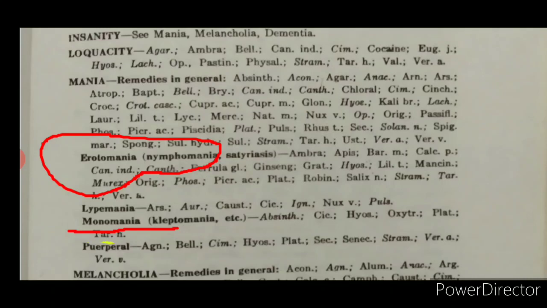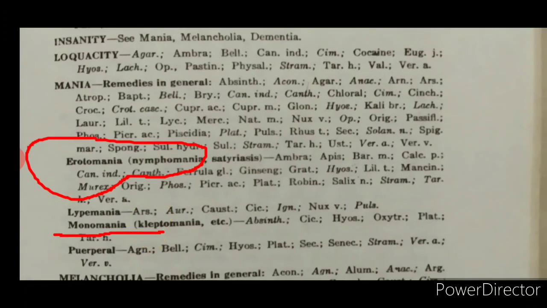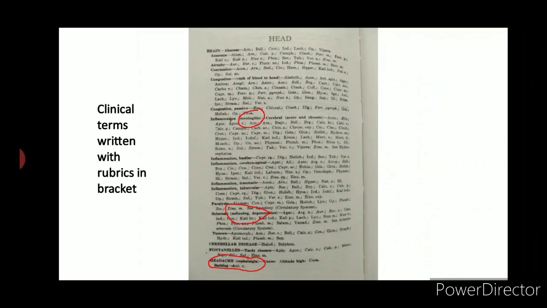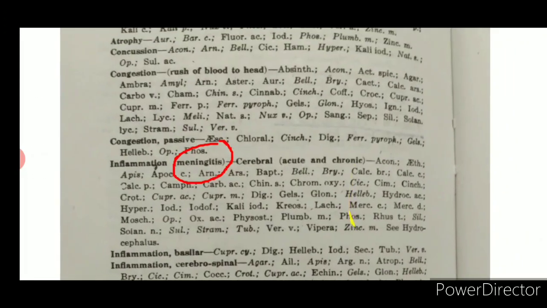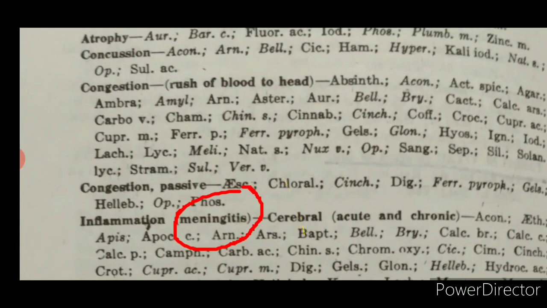Also you can see monomania, where you have the term kleptomania. The next, you can also find in chapter head the clinical term meningitis, where we have inflammation of the spinal cord.